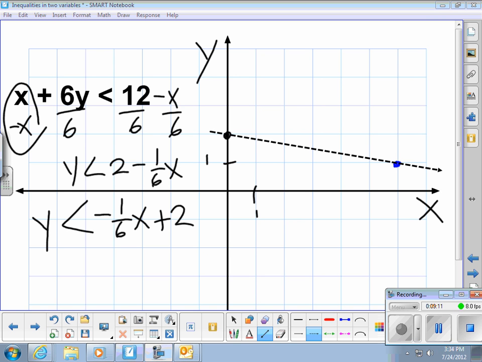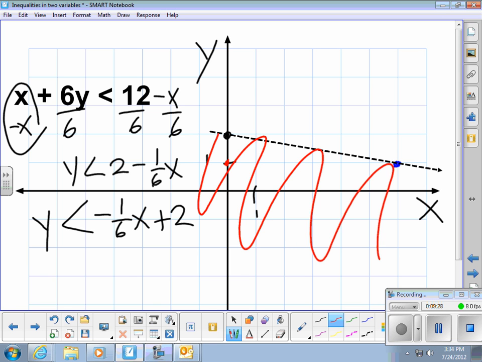There, something like that. It says y is less than. Well, right on the y-axis, 1 is less than 2. So we know we're going to be shading below that line. The dotted line means that line is not included, but just everything below there.